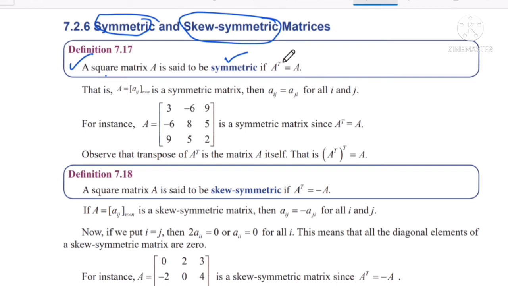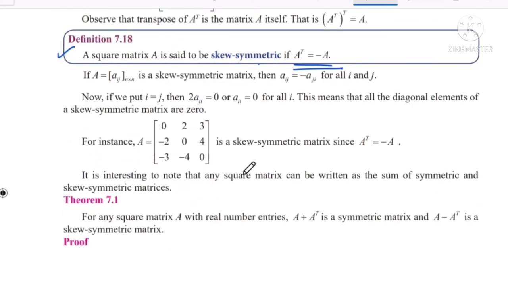If you take A transpose and if it is equal to A itself, then we say the matrix is symmetric. Now when will you say a matrix is skew symmetric? A square matrix A is said to be skew symmetric if A transpose is equal to minus A. So it is symmetric if A transpose is equal to A, and skew symmetric if A transpose is equal to minus A.